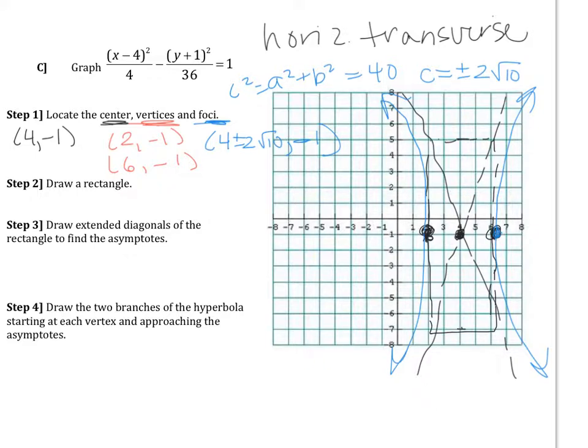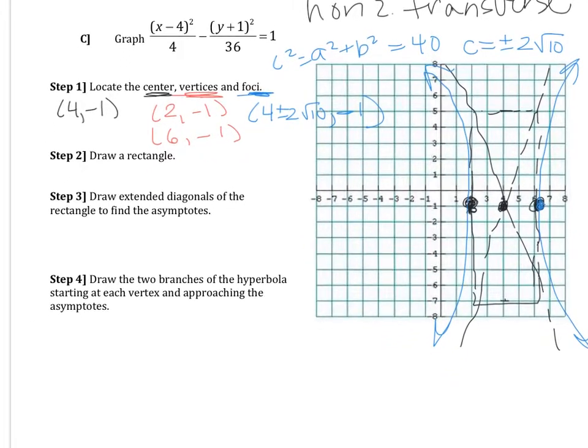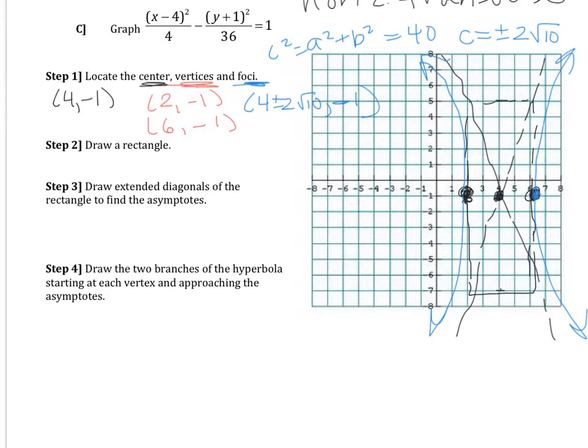Okay, so now the last thing we need to do is write the equation for the asymptotes. Okay, so now, again, keeping in mind that we are no longer at the origin, so we don't have a y-intercept of 0 anymore. Your best bet here is to use point-slope form. Okay, I'm going to remind you, point-slope form here.